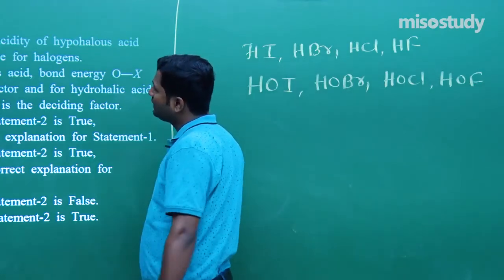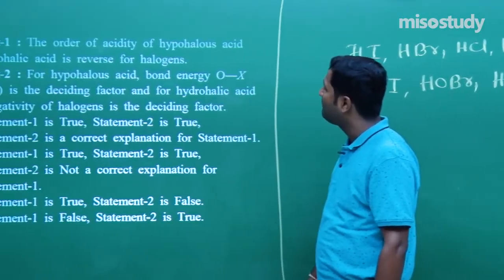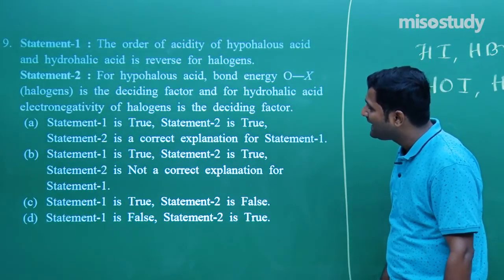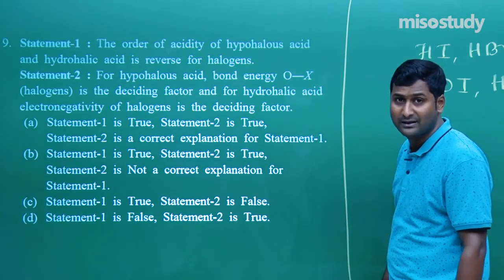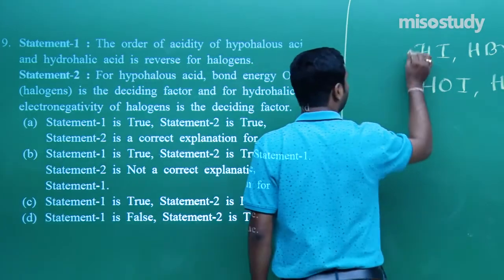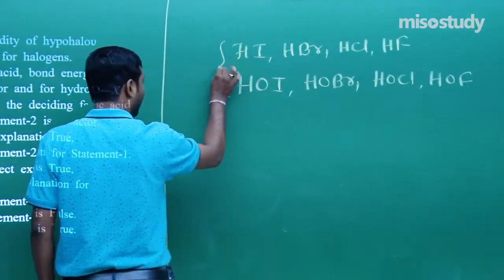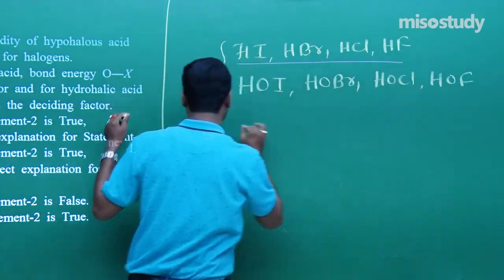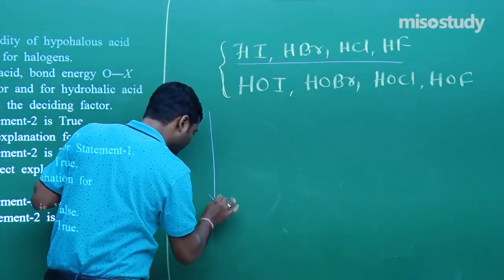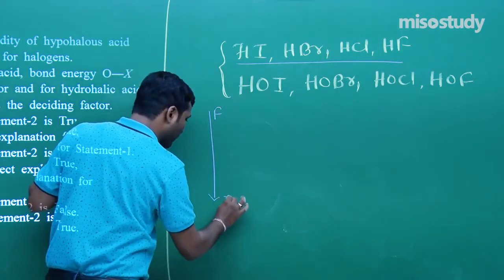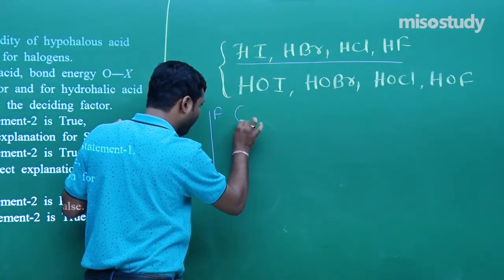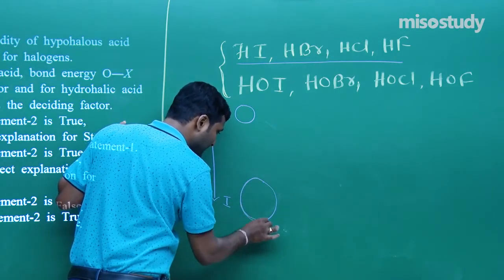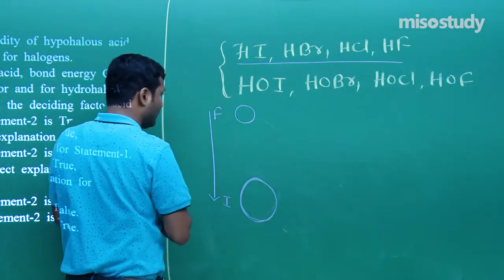Yes, this is the order. Now read the question. The order of acidity of hypohalous acid and hydrohalic acid is reverse for halogens. That is, they have just the reverse order. As we know, in the case of hydrohalic acid, when we move down the group from fluorine to iodine, the size increases.